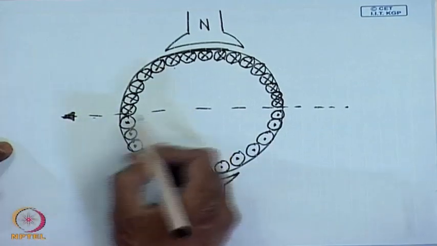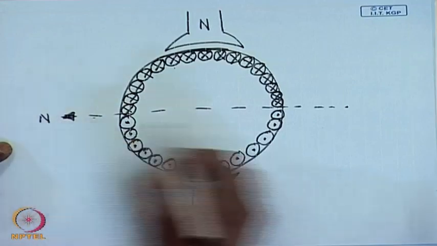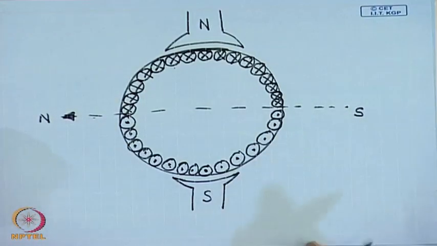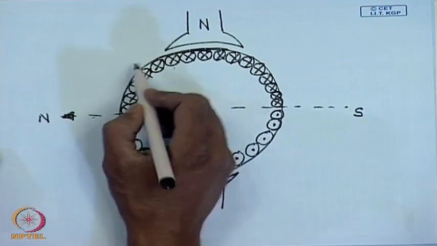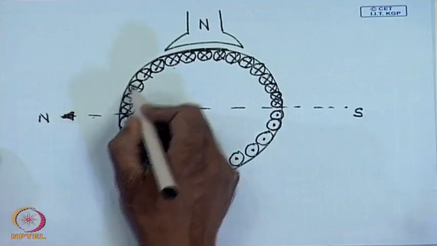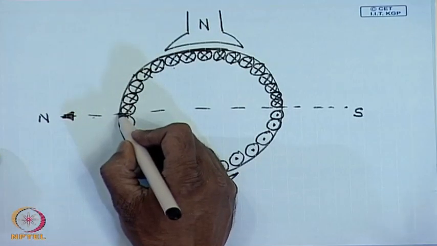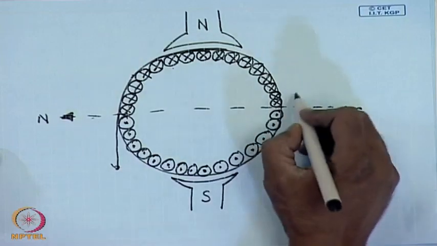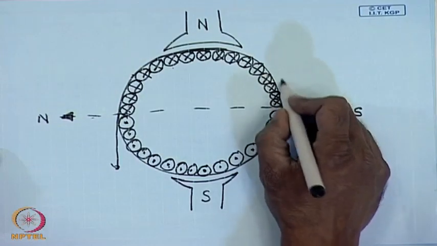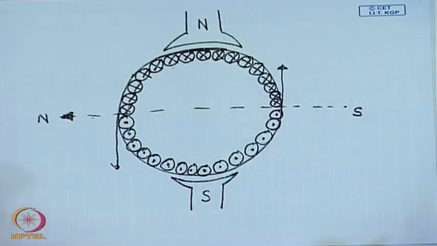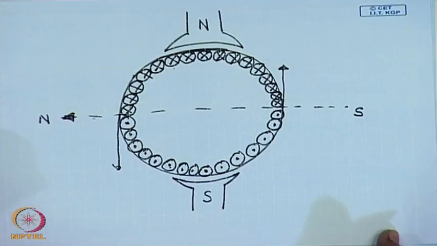Obviously, this arrangement will still produce a north pole in this direction and a south pole in this direction. Hence, there will be a force of repulsion on this body, and hence a torque will be generated. So, the armature body with all its conductors will rotate.